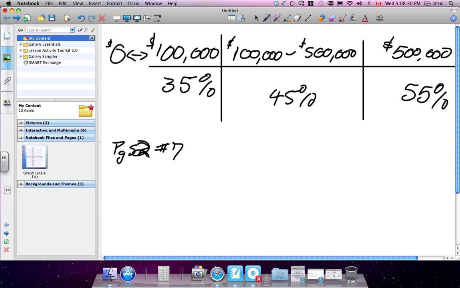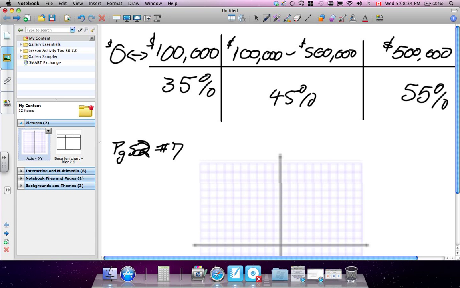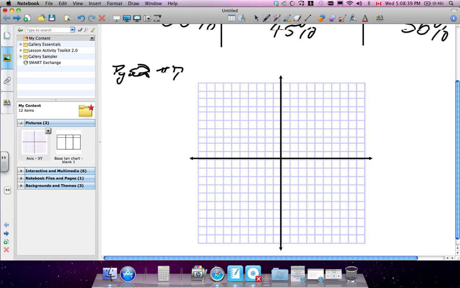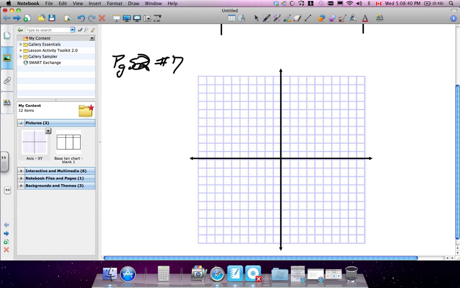This is a piecewise function specifically because what you're looking at is something that works like this. We'll call this 100,000 on the y-axis. We're going to put the money on the x-axis and the percent on the y.